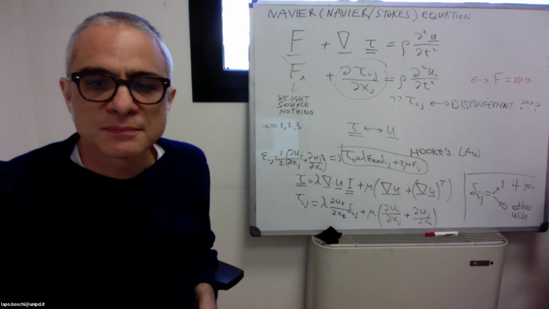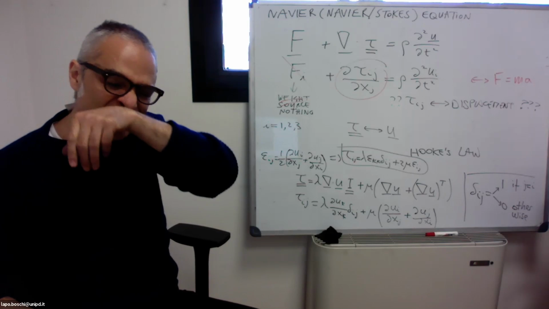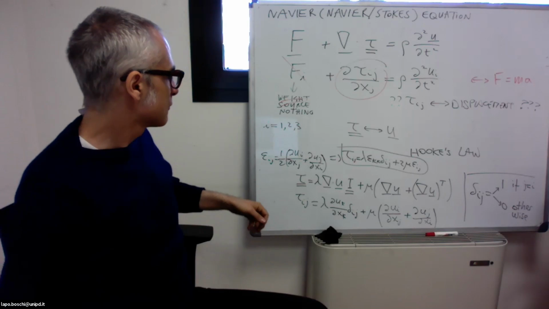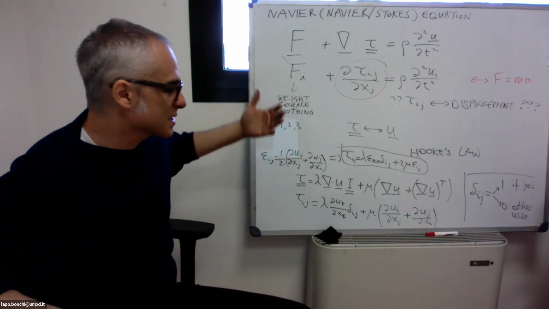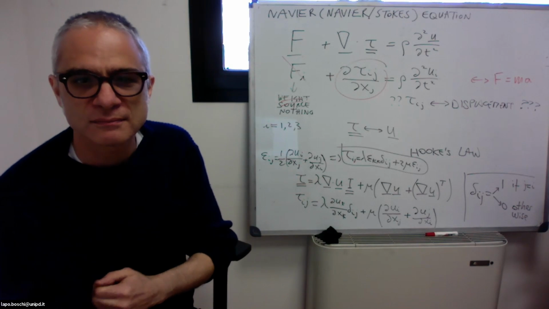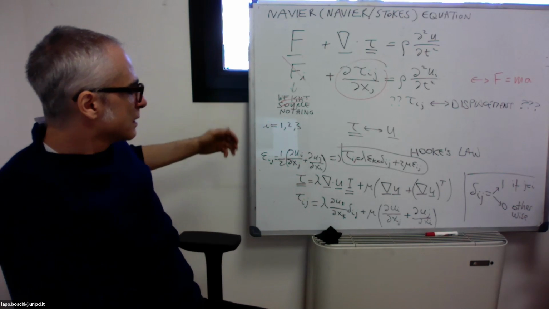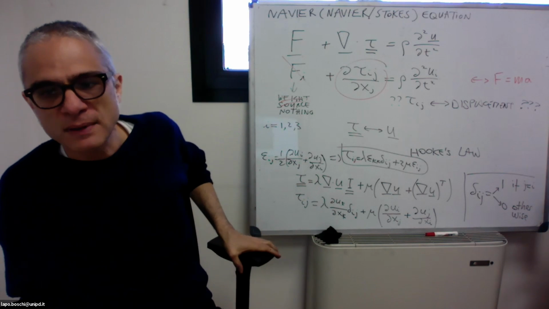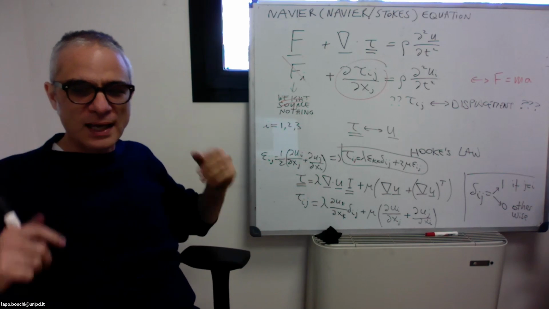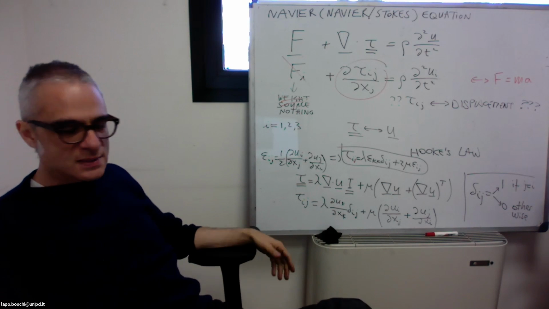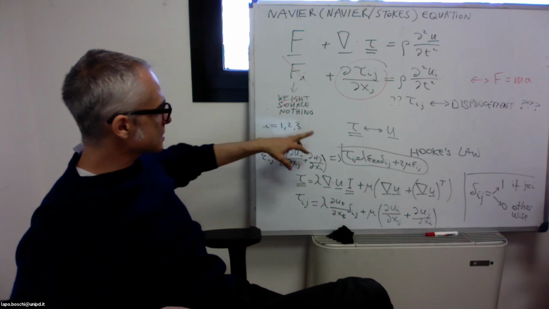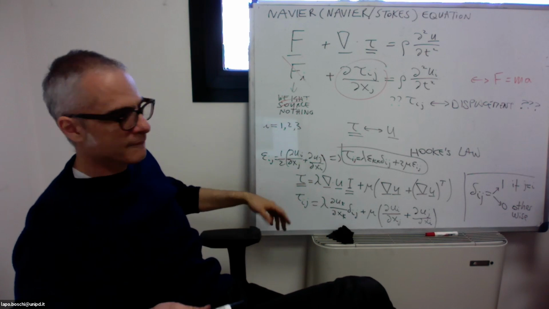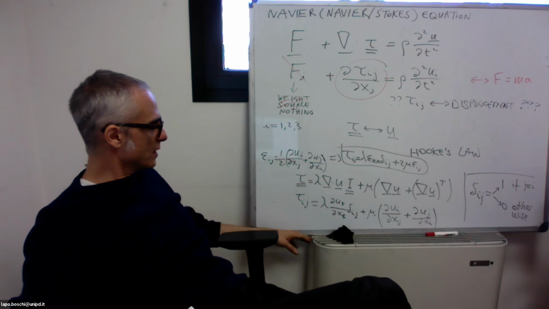I don't like it because I don't see why we need to introduce one further entity, this deformation tensor, which doesn't really add anything to our understanding of the problem. But you find that in textbooks, and maybe it's helpful. It depends on how everybody's brain functions. So these three things are the same thing, written in three different ways.